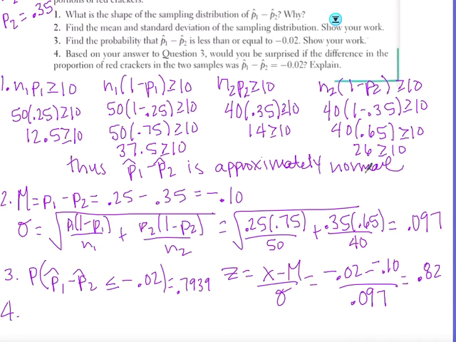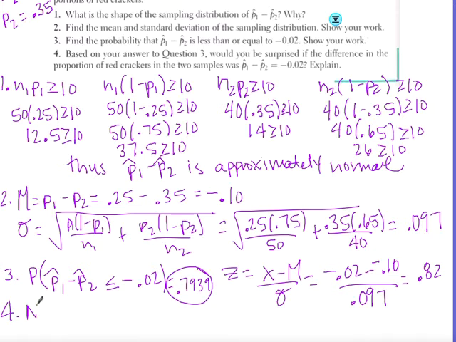Number 4 says, based on your answer to question 3, would you be surprised if the difference in the proportion of red crackers in the two samples was p hat 1 minus p hat 2 equals negative 0.02? So what we would basically do is interpret what this value meant.